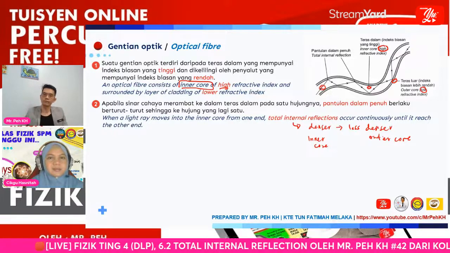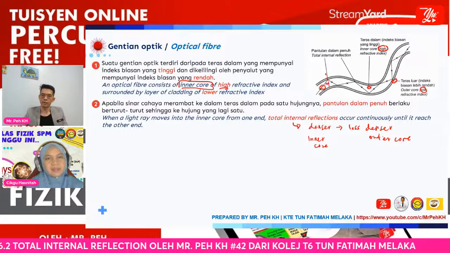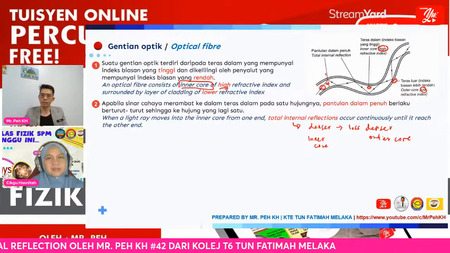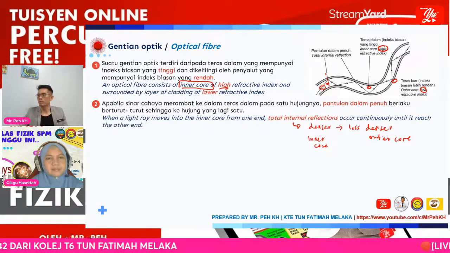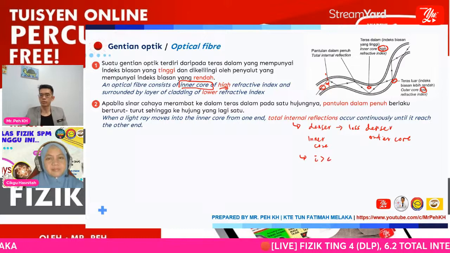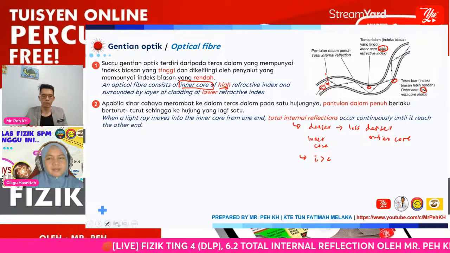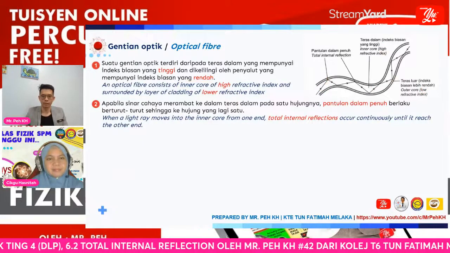Then the second condition: the incident angle at the inner core must be greater than the critical angle. So the total internal reflection will occur. Actually, this applies the very simple conditions we discussed just now.